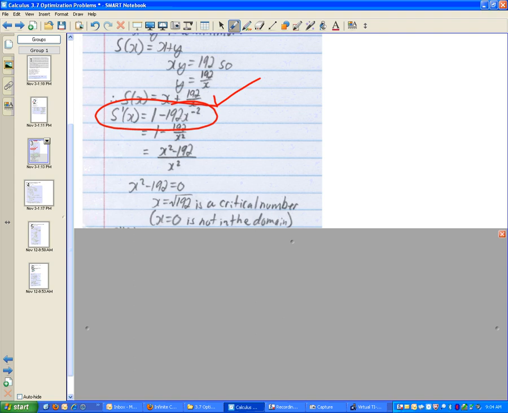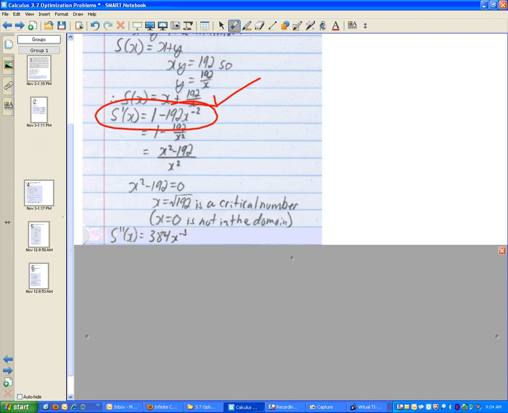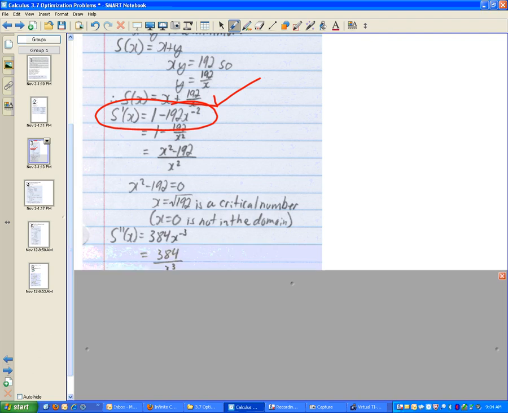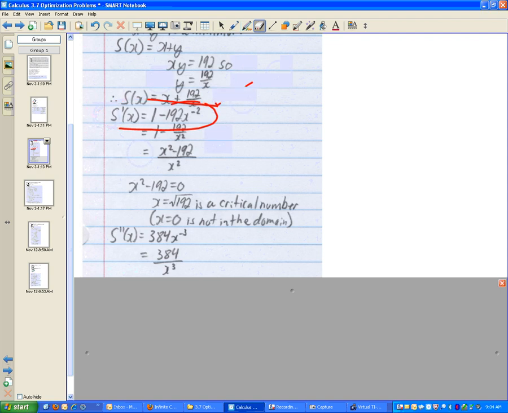What's the second derivative? All right, but is it negative 384? Positive. So the second derivative is 384 x to the negative 3, or 384 over x cubed. So mentally, let's do this.